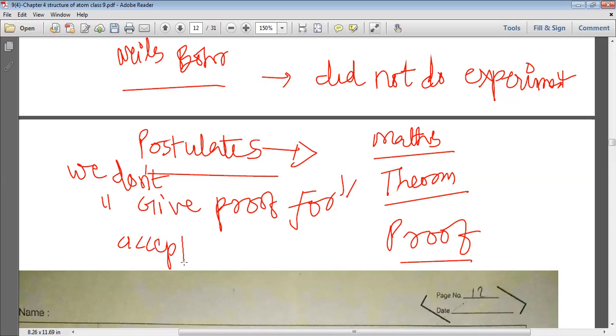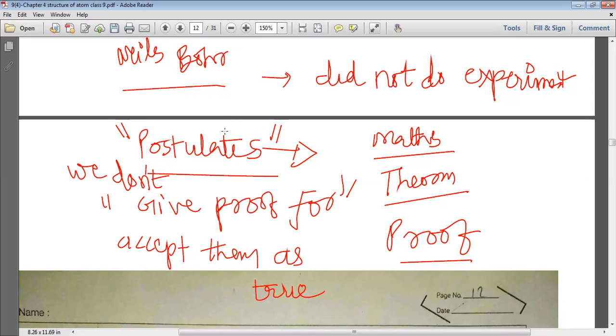We accept them as true. Such things are known as postulates in mathematics. So postulates are, you can say in Hindi, the abhidharana.